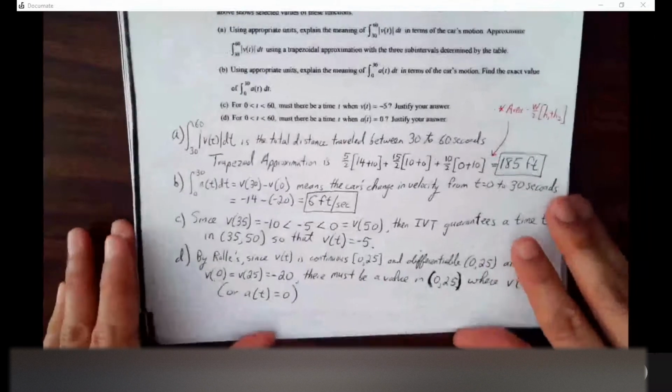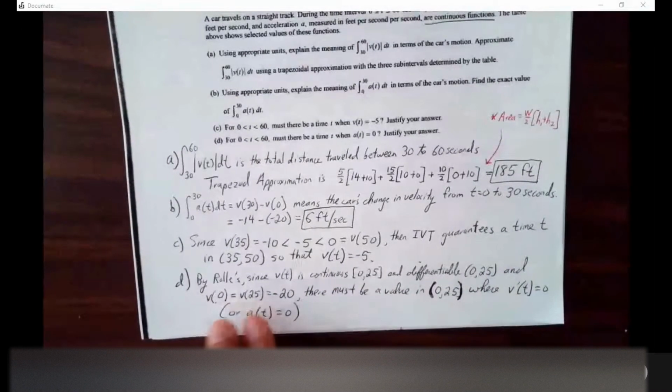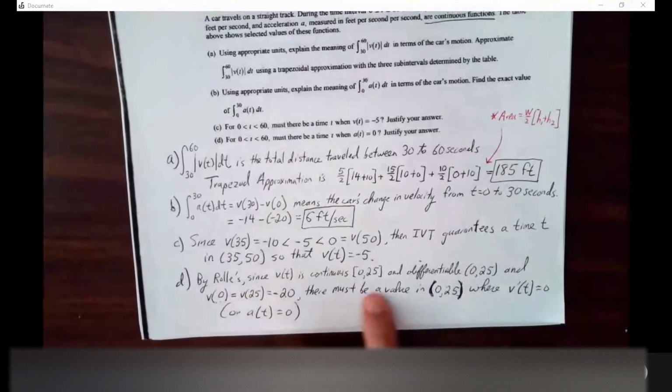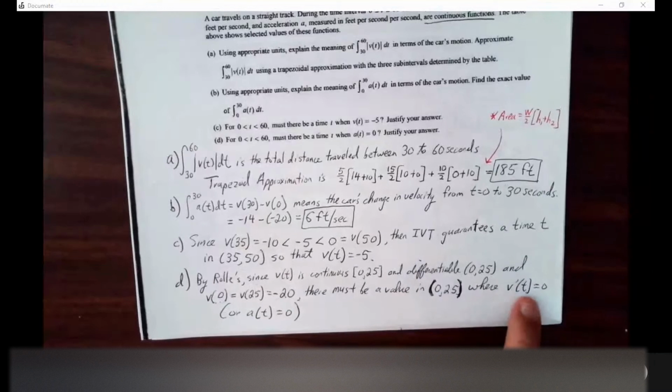So we can write it this way. By Rolle's theorem, since velocity is continuous on the closed interval and differentiable on the open interval, and I identified two endpoints with the exact same velocity, it's got to go down and come back up, or go up and come back down. Along that process, I have to have a slope of 0 somewhere along that curve.